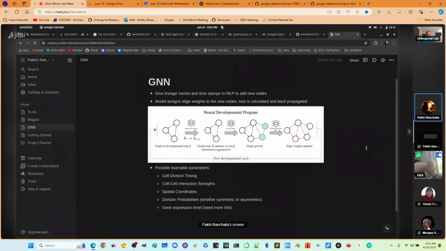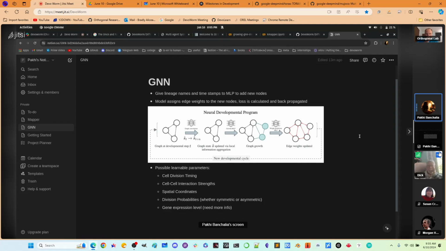If it predicted correct weights, cells that are close by should have lesser distance compared to the ones which are further away. With the help of that, it will update the edge weights. So we will cross check them and calculate the loss, and then the loss will be back propagated so that the network can learn that.